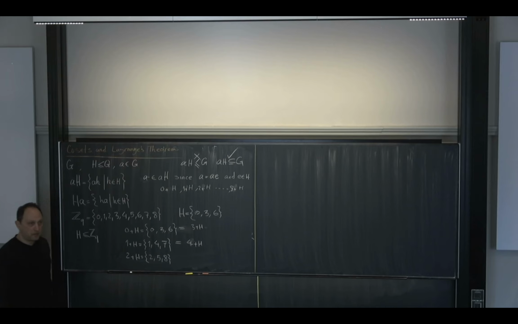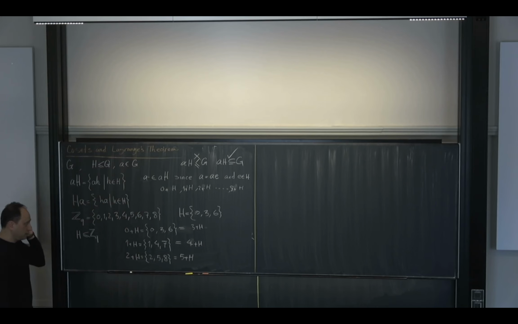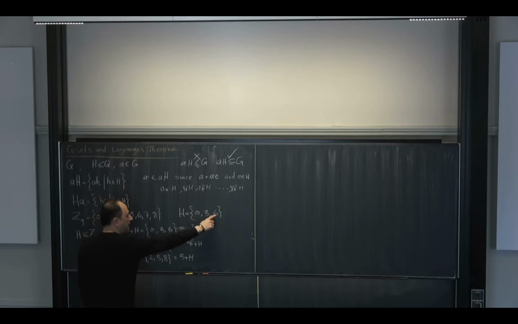And then if I go to the next one, do you agree this is also 5 plus H? Yes. 0, 1, 2, 3 is the same, 4 is the same. So 5, 8, and 11. 5 is this one, 8 is this one, 11 is 2 again.